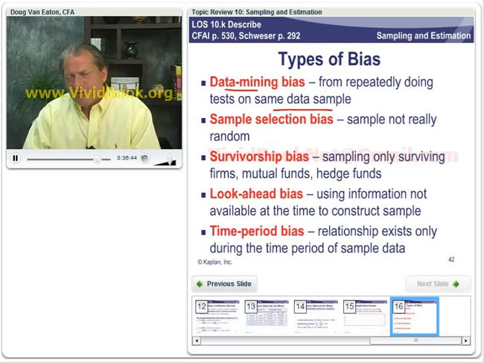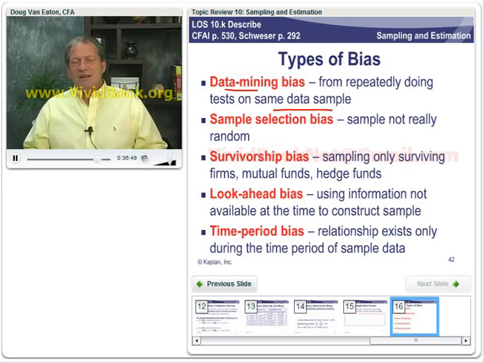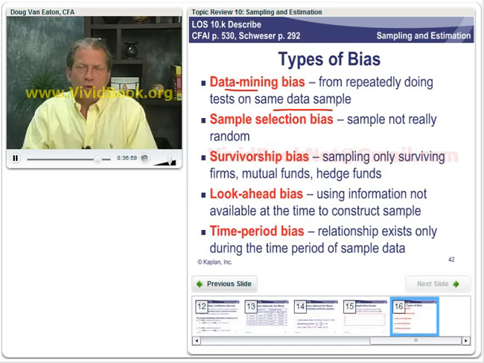Well, the way statistical tests are set up, I'm going to reject it if the portfolio returns are far enough above average portfolio returns, far enough above the mean.